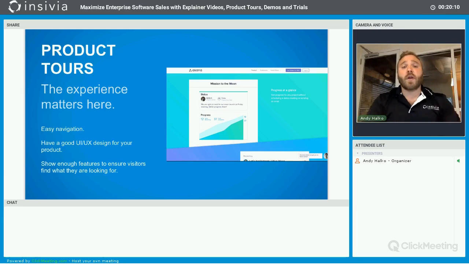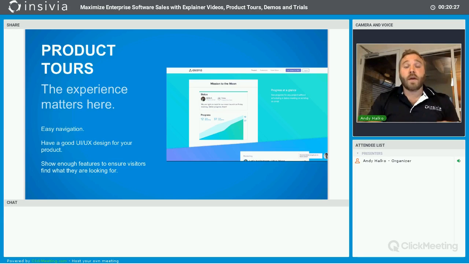And so really we want to make sure not only the tool is a good experience, but we have a great user experience and user interface for our software. So when we're showing screenshots, they should look like a software that I want to dive into and I feel like I can intuitively use.